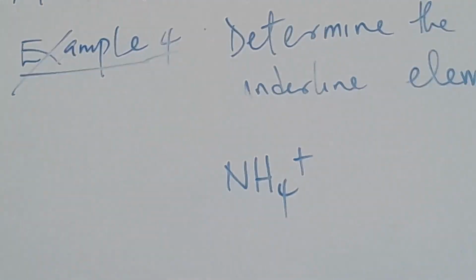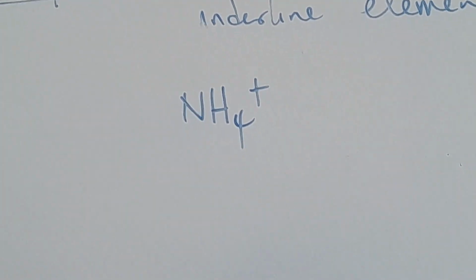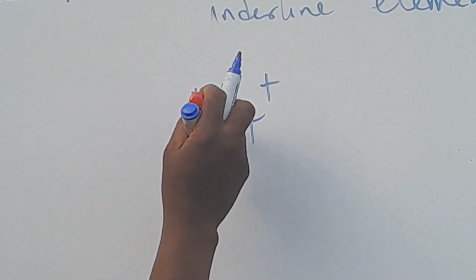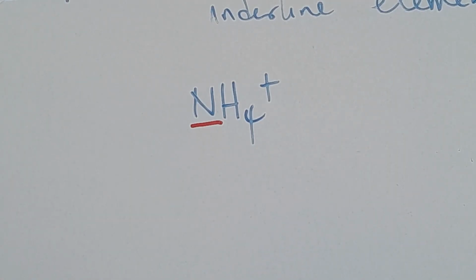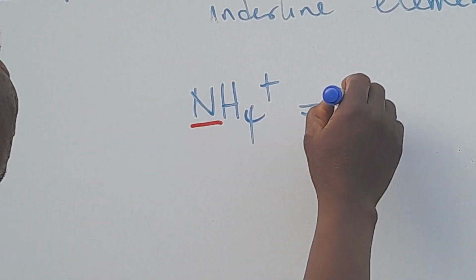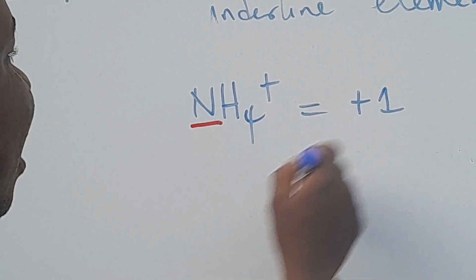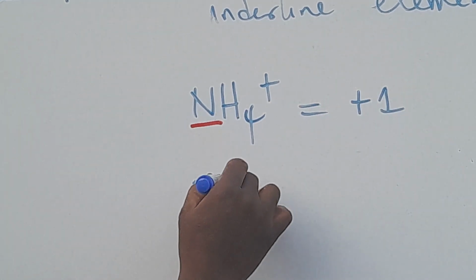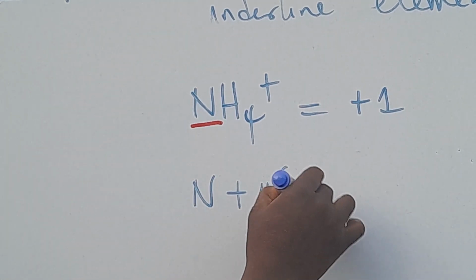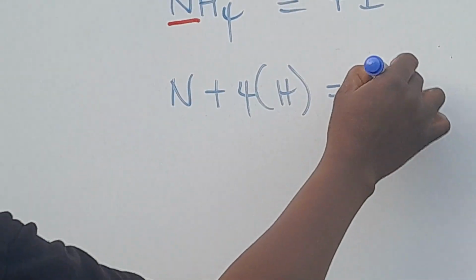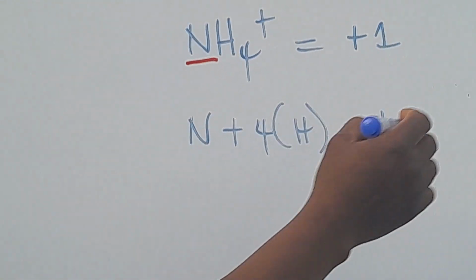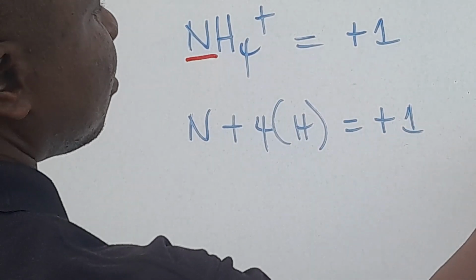NH4 plus. All right. We are looking for nitrogen. It equals plus 1. So look at it. Nitrogen plus 4 hydrogen equals plus 1. The oxidation state of hydrogen is plus 1.